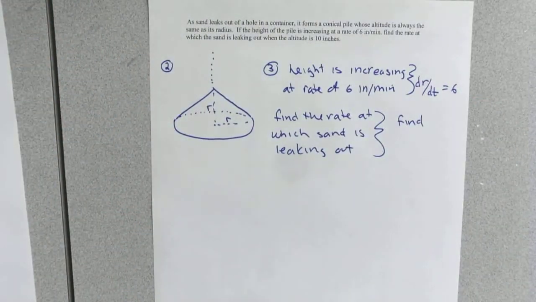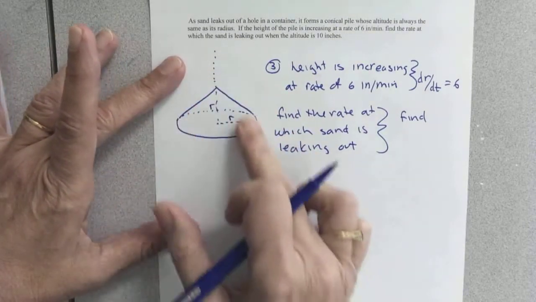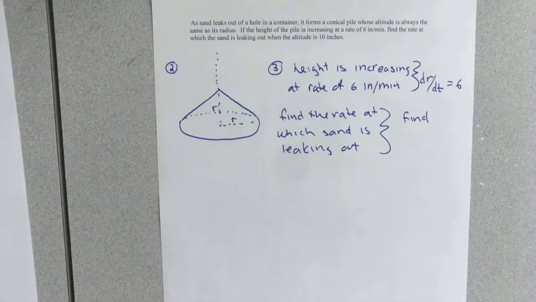Now we've got to decide what sand leaking out means mathematically, geometrically. Find the rate at which the sand is leaking out would be the same thing as saying find the rate at which this entire pile of sand is changing.